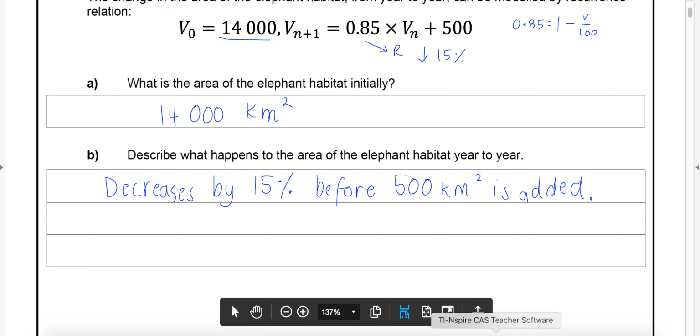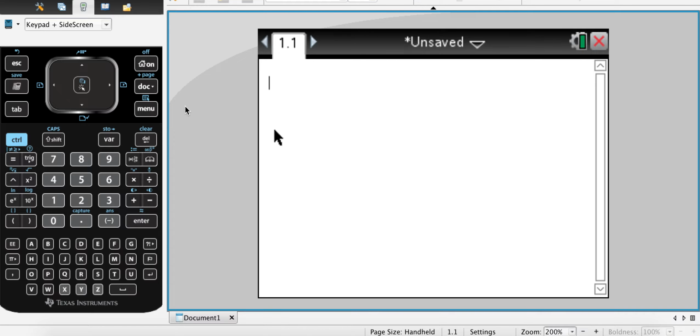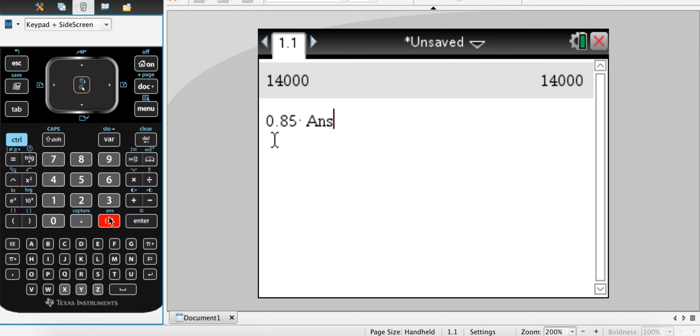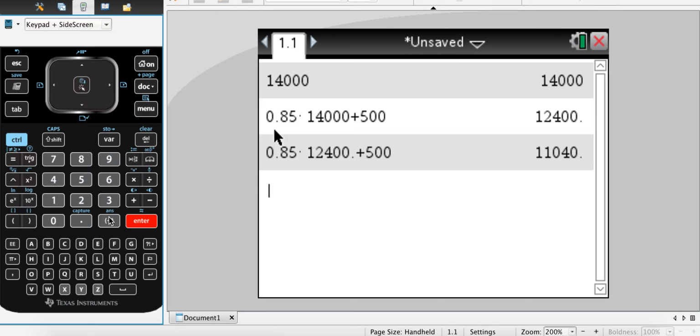Now to do that, the easiest way is to get your calculator open and to set up this sequence on your calculator. So 14,000 goes into the calculator before we go 0.85 times by that answer plus 500. And if we have a look at the next one, 12,400, 11,040.